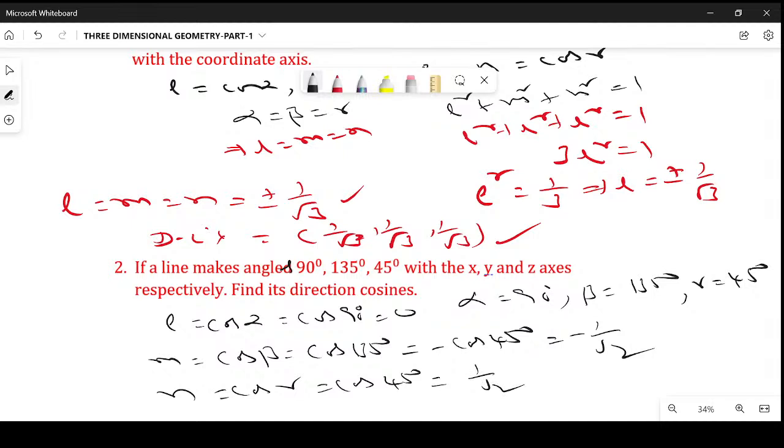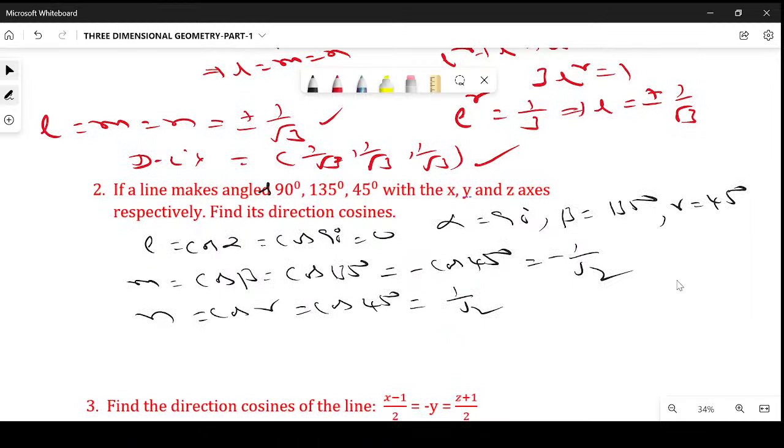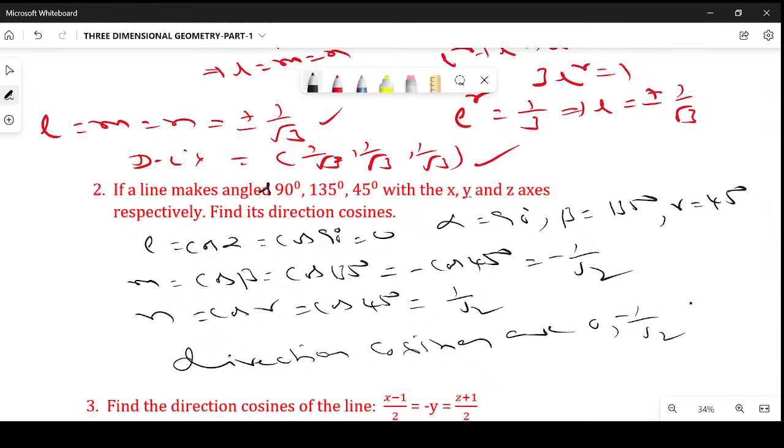Therefore, the required direction cosines are 0, minus 1 by root 2, 1 by root 2. So these are the direction cosines.